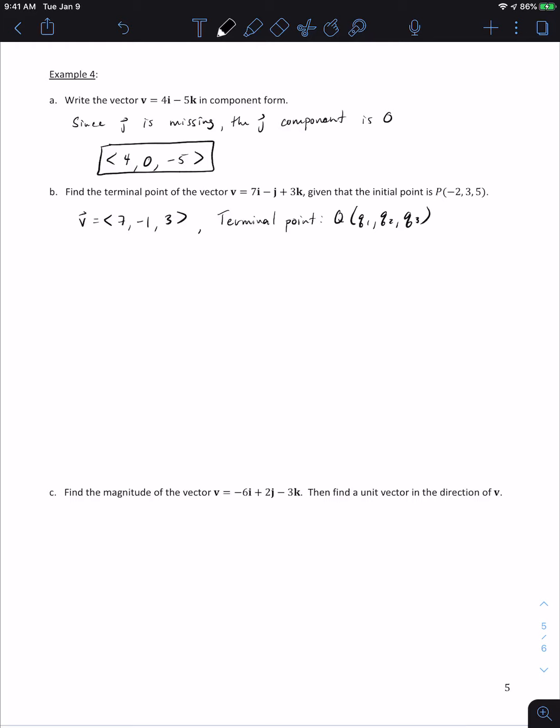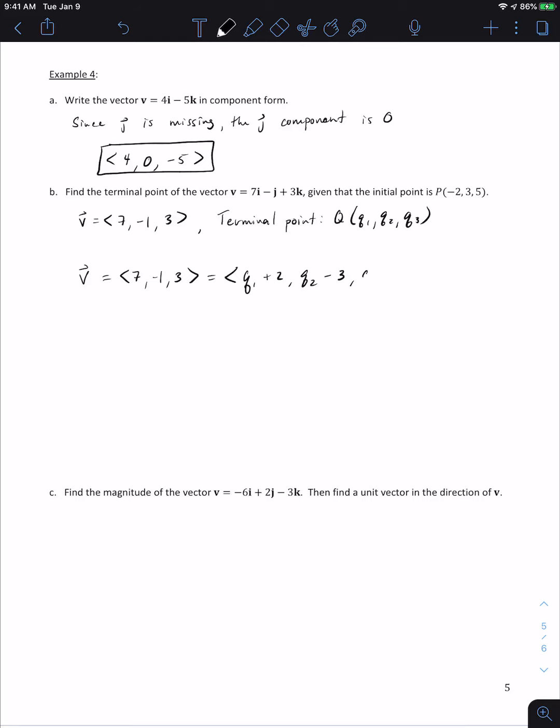So remember, how does this work typically? Our vector, which is v, is 7, negative 1, 3, and that's always equal to terminal minus initial, right? So terminal first component is Q1 minus the initial first component, which is given by the problem as negative 2. So in other words, minus negative 2, or plus 2. And then our terminal second component is Q2 minus 3, our initial second component.